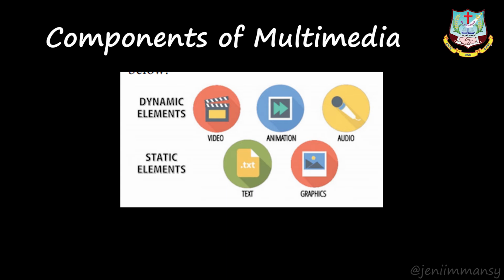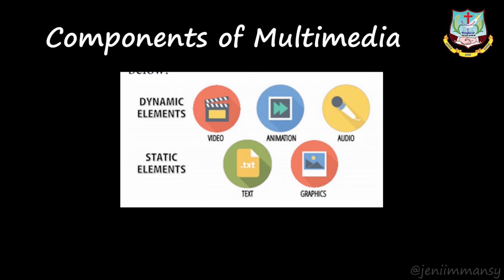If you see a word like image, you understand it means image. It won't be moving, it is static. So text and graphics are static elements, and video, animation, and audio are dynamic elements.